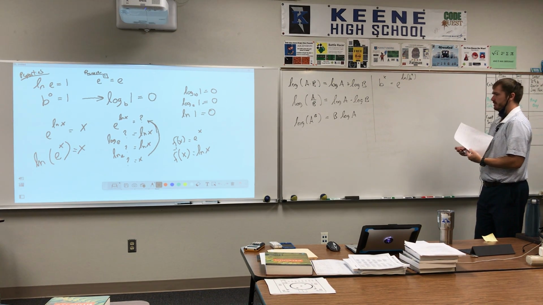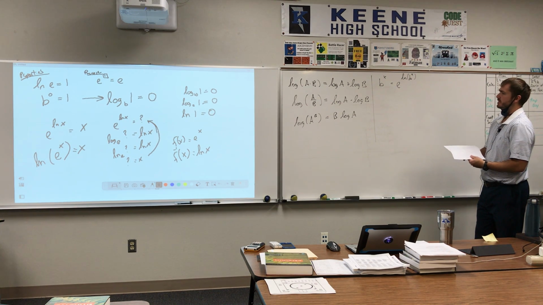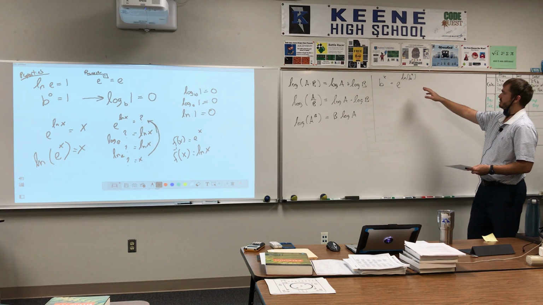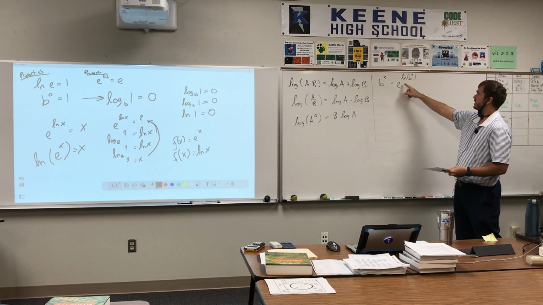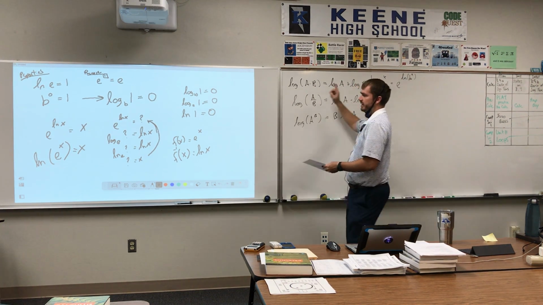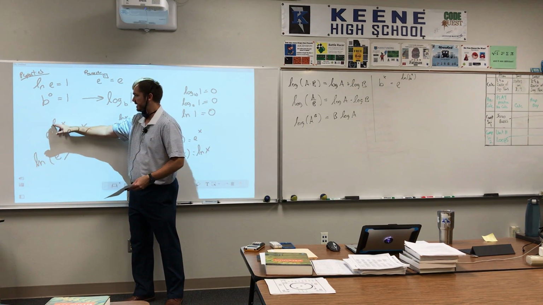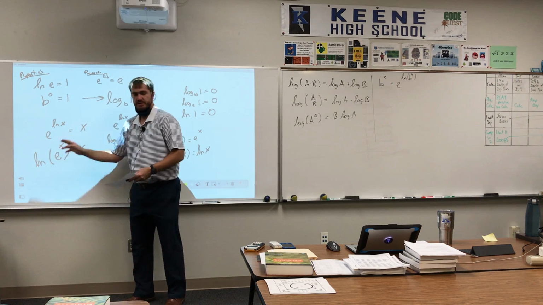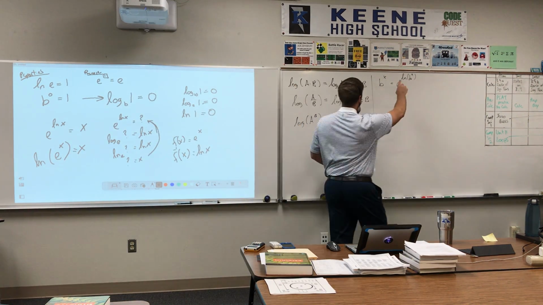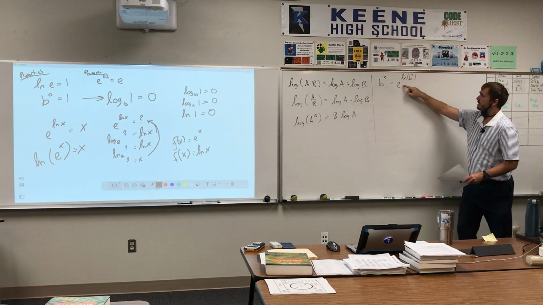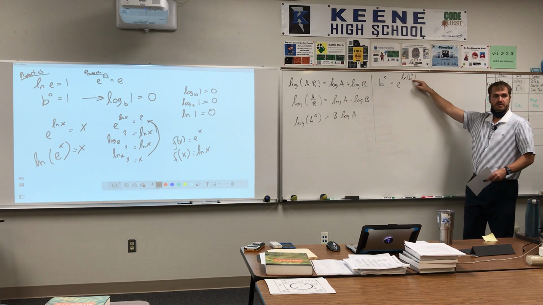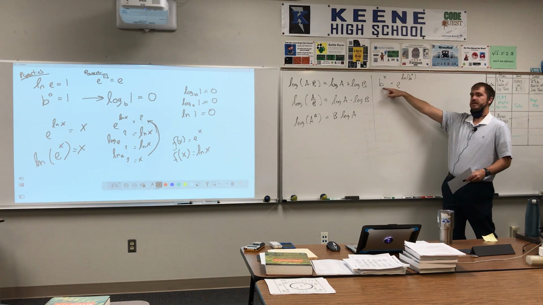I think we could infer that from, compare that with this one right here. e to the natural log of anything is equal to the anything. So we have e to the natural log of anything is equal to the anything.